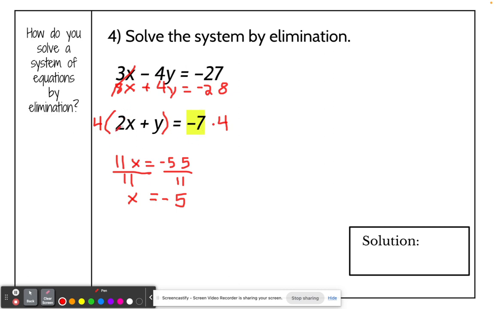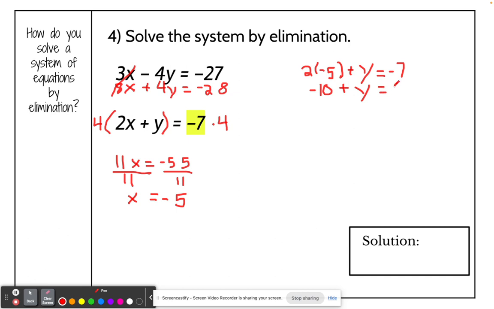Okay, now if I substitute back into either of these equations, I'm going to go with the second one because it looks pretty straightforward. 2 times x, which is negative 5, plus y equals negative 7. Well, 2 times negative 5 is negative 10, plus y equals negative 7.